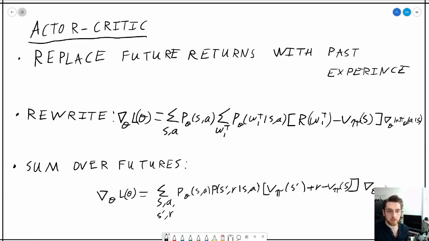And then again, we have the eligibility. And this term in the bracket here is something called the temporal difference.